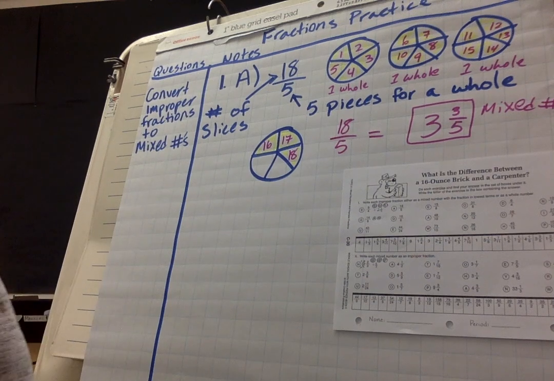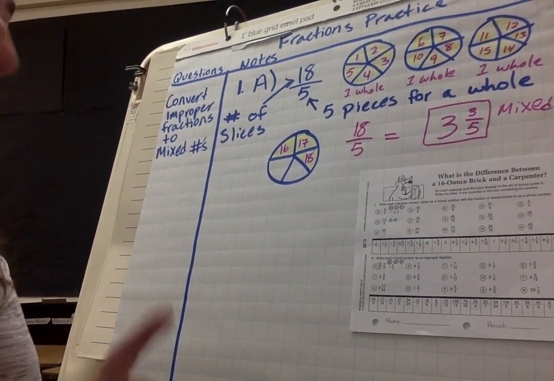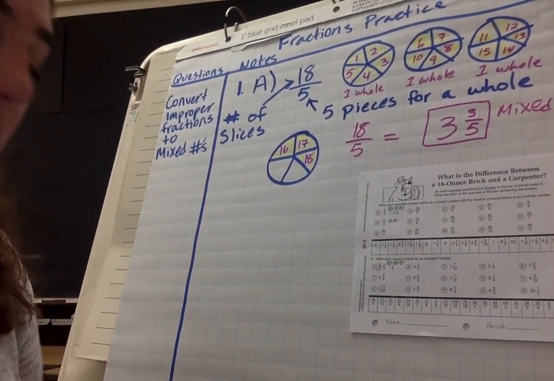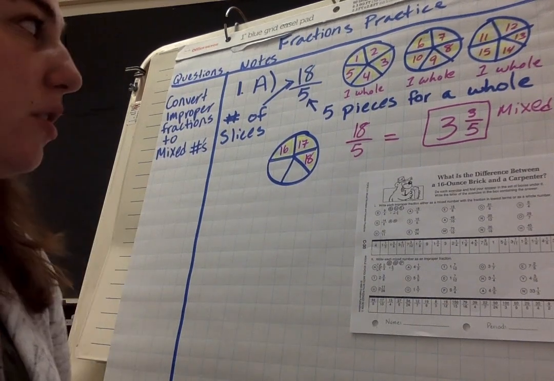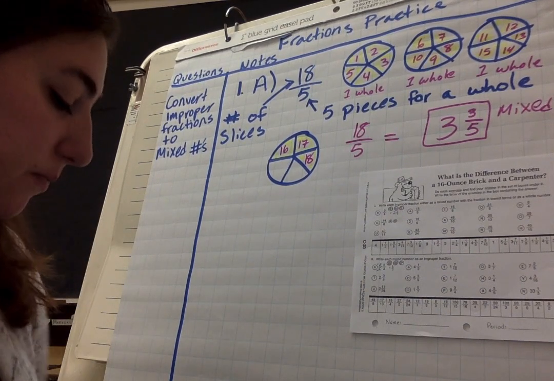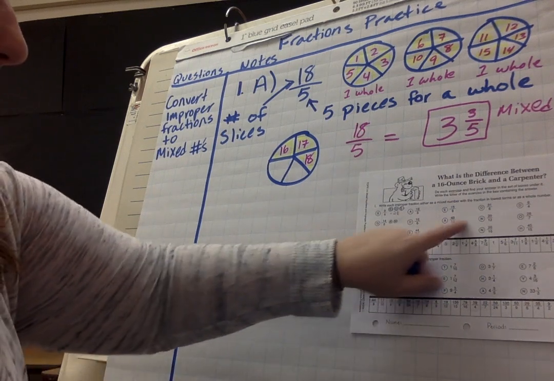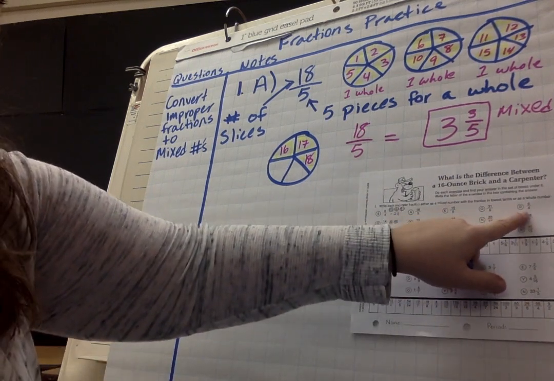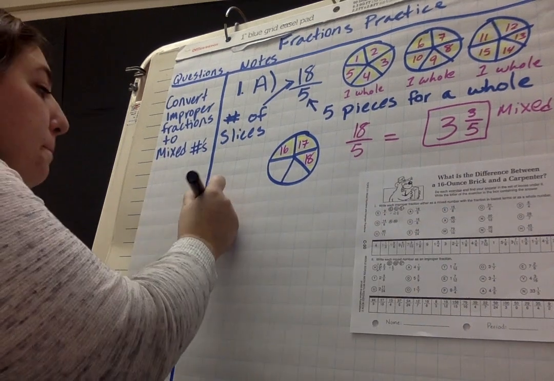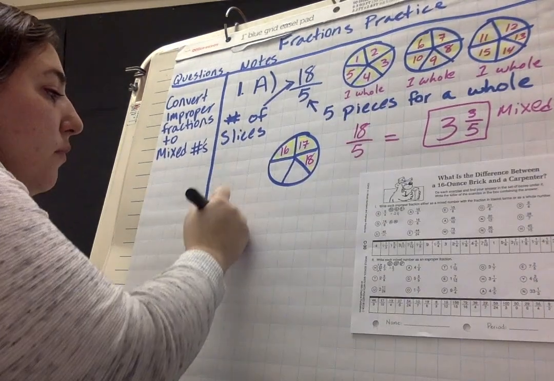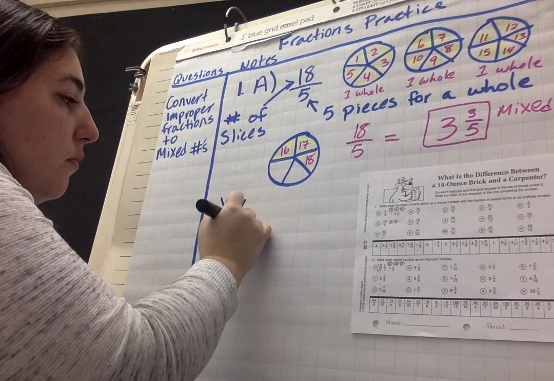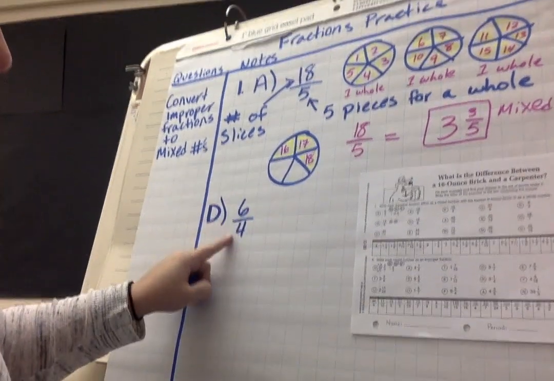Okay, let's do one more, and then we'll move on to converting mixed numbers to improper fractions. So let's do D. Okay, so 6 over 4.